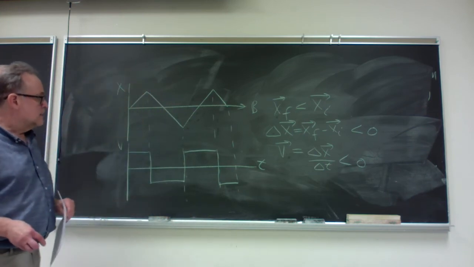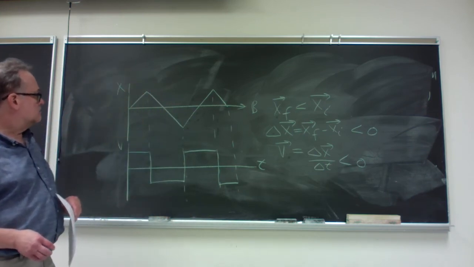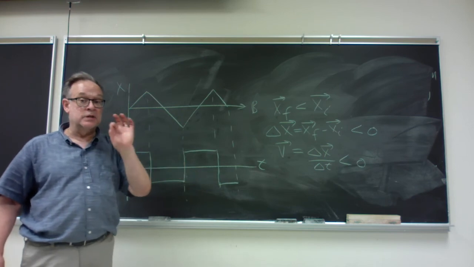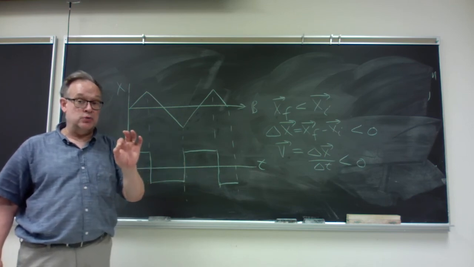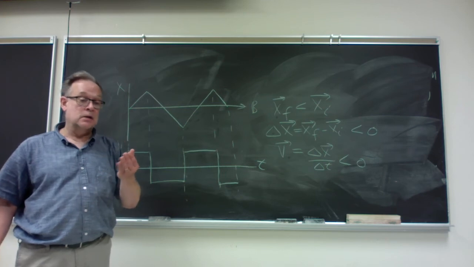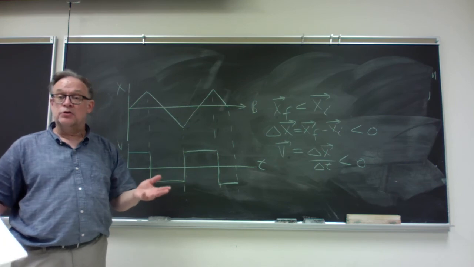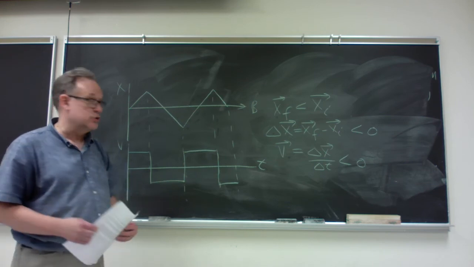In other words, all these velocities have the same magnitude, the same absolute value, the same size, but some of them are positive, some of them are negative. In other words, they have different direction, they correspond to different directions of motion.